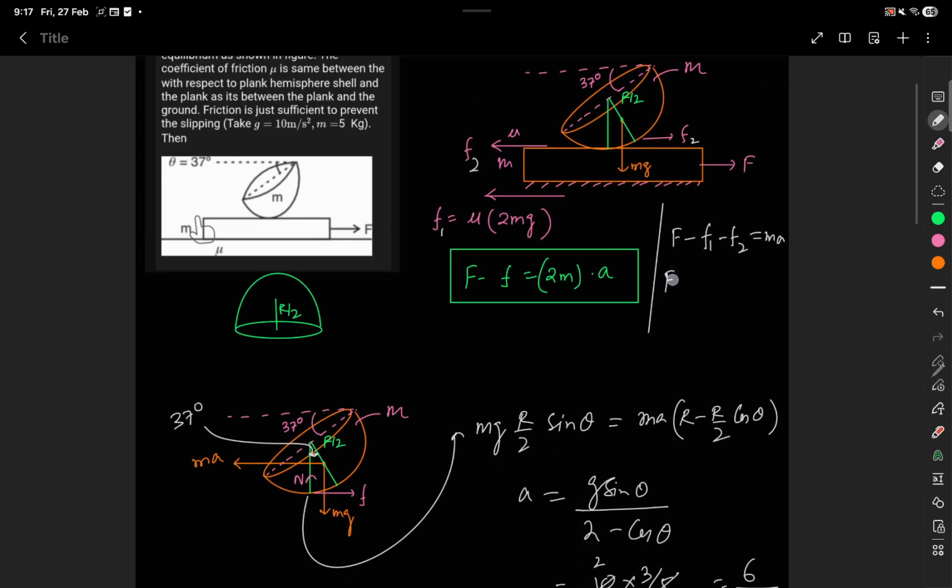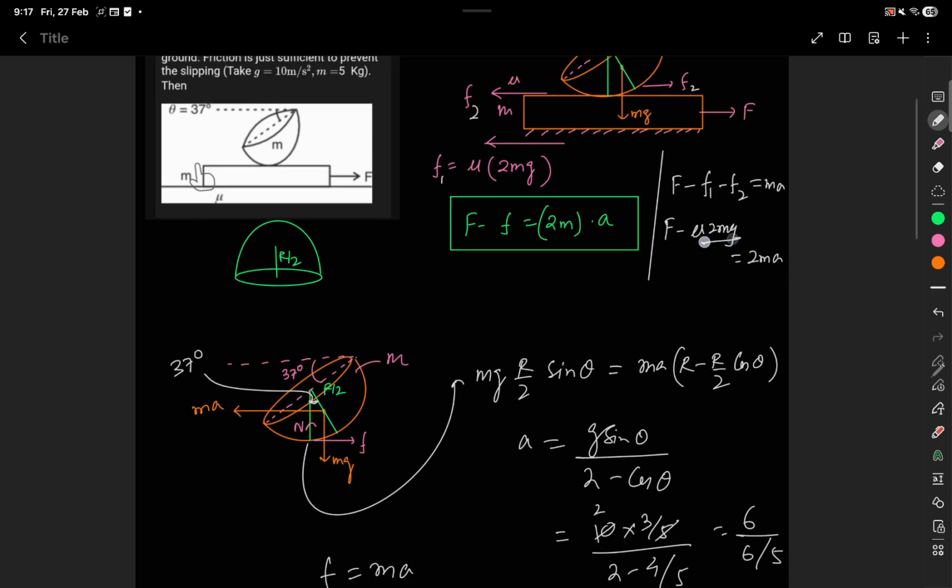You just put the value of F1 as mu into 2mg, this is ma, this is ma, that already comes to ma. You know the values of mu, 2mg and ma. If you put all this, you will get F equal to 100 Newton as your answer.